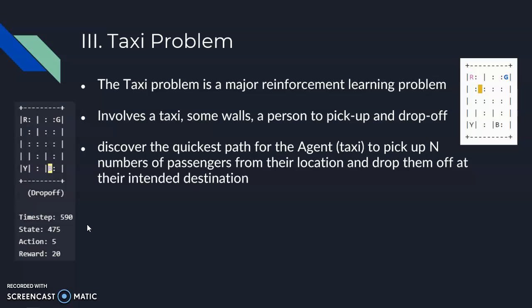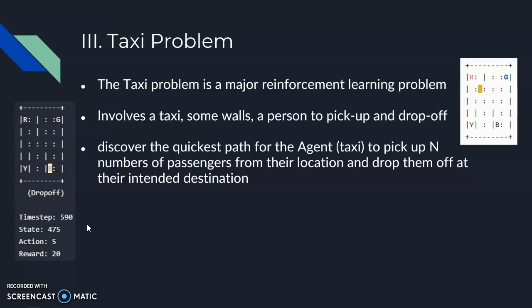The reward for the taxi is the reward for the action, which can be positive or negative. If the taxi makes a correct pickup or drop-off of the passenger, it will receive a positive reward, but if the taxi makes a mistake, fails in the drop-off of the passenger, or does not drop off the person correctly, it will receive a penalty.